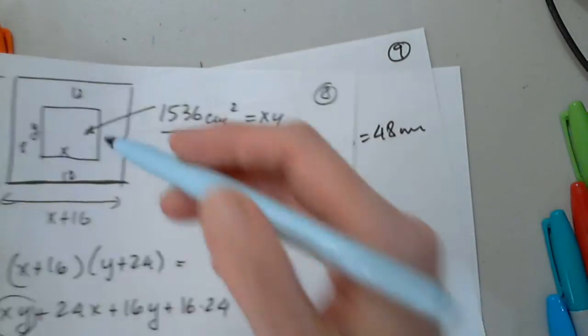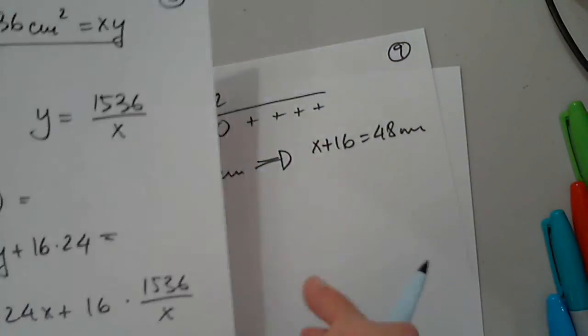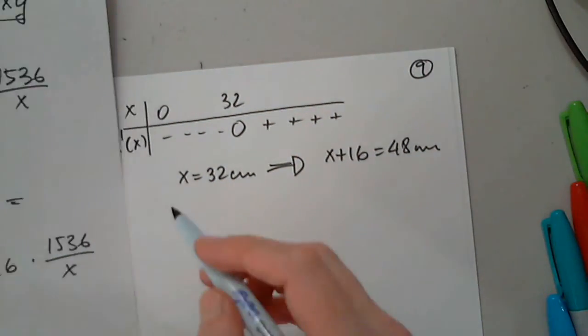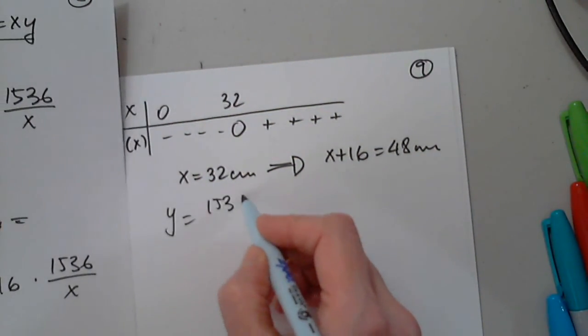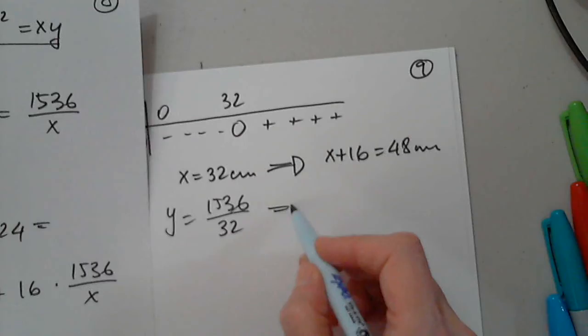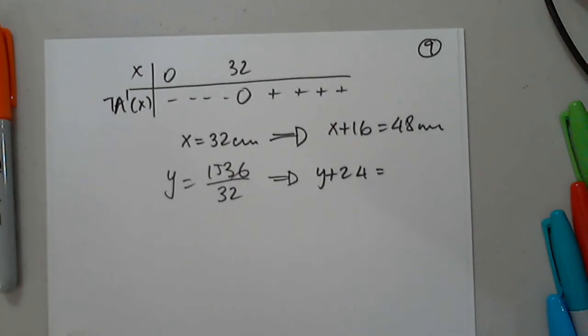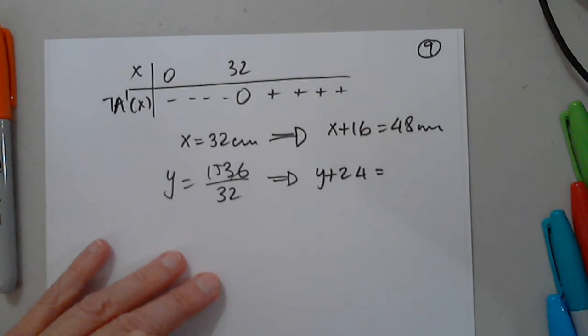And now this, which is Y, I have to find Y. So Y equals 1536 over 32, and then I can determine Y plus 24. So sharing my screen, 1536 divided by 32. Let's see what that is.